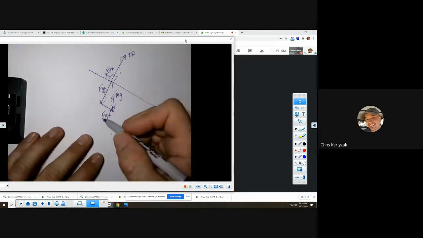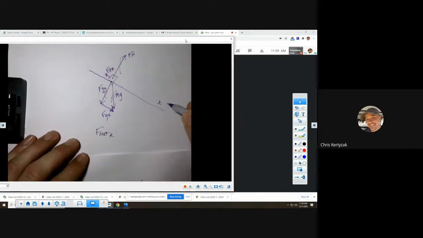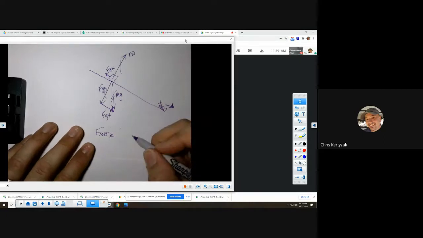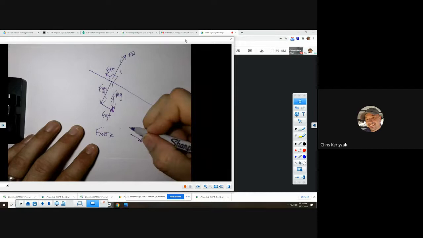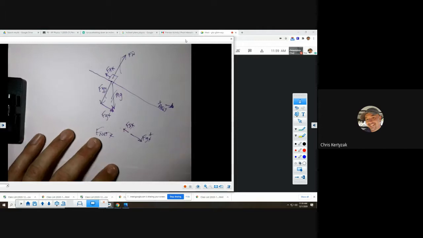So that means the net force along the x-axis, which goes this way, is going to have to take into account FGX, and it's going to have to take into account the sliding friction force. It usually makes sense to call the direction of motion plus.